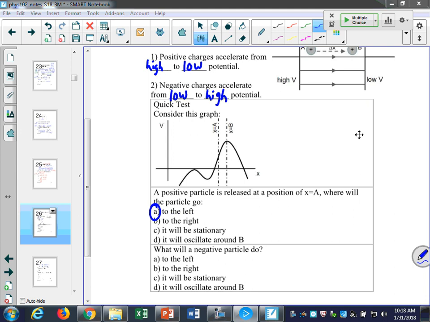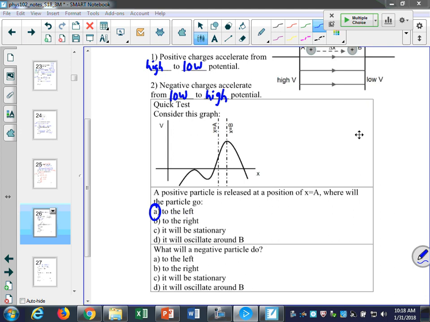So if it starts here at point A, it will move from low to high potential, and then it's going to overshoot B a little bit, and then the electron is going to say, oh no, I'm moving from high to low, and it's going to swing back the other way. And so this electron is just going to oscillate back and forth. Can anybody say radio antennas?